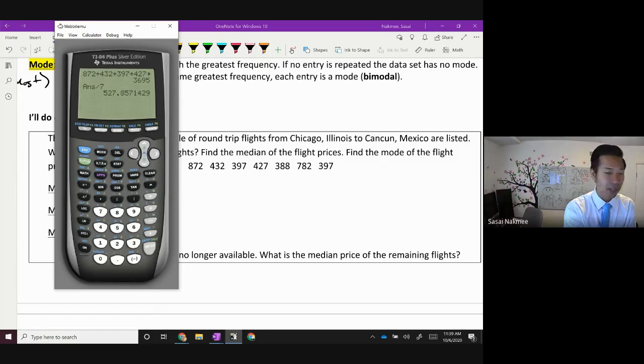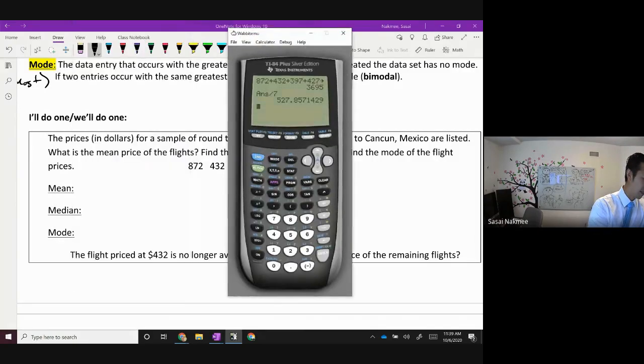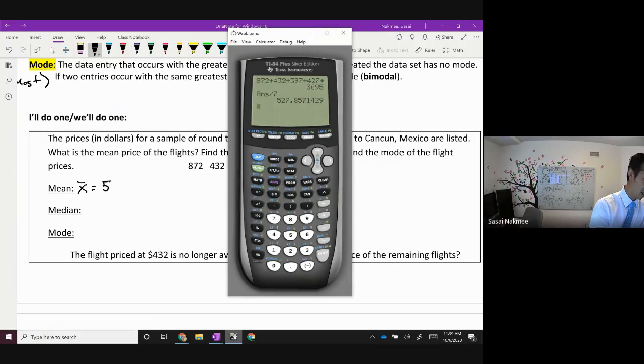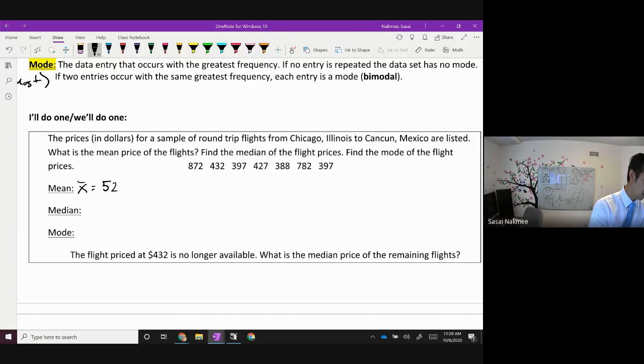And I get my average here of 527.86. So I'll write this out. My mean is my X bar, and that's going to be equal to 527.86. And that's my mean.